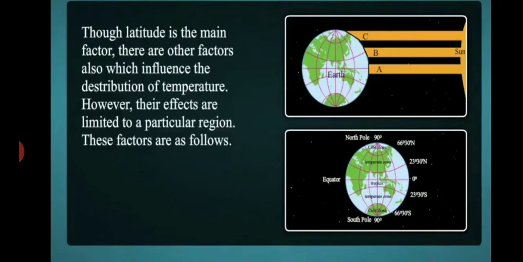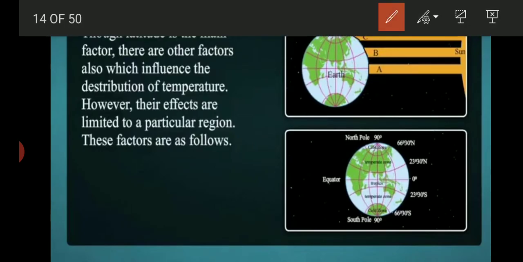Though latitude is the main factor, there are other factors also which influence the distribution of temperature. However, their effects are limited to a particular region. These factors are as follows.